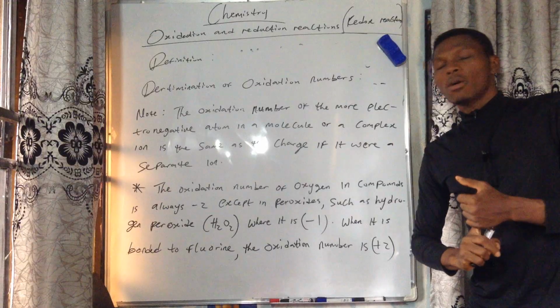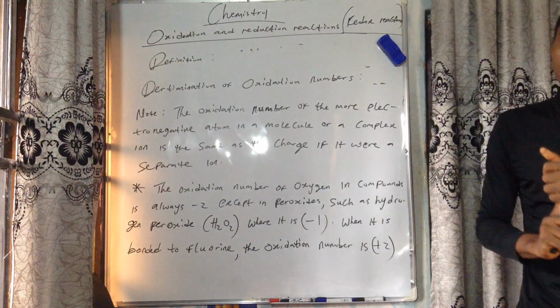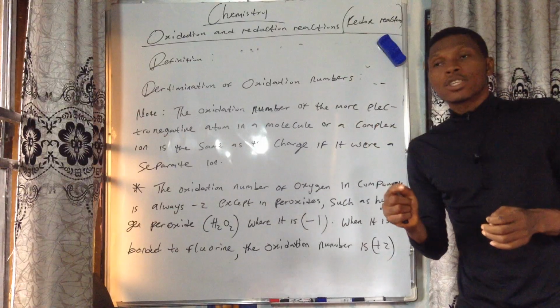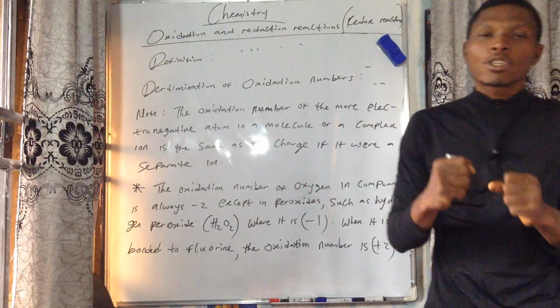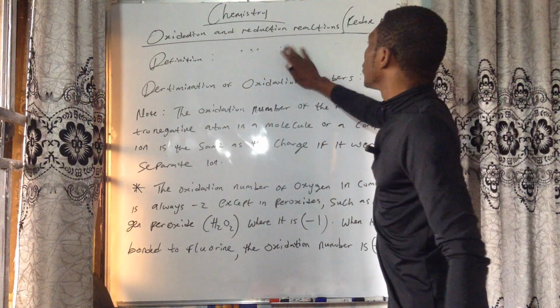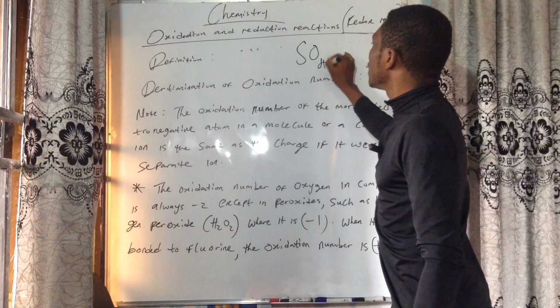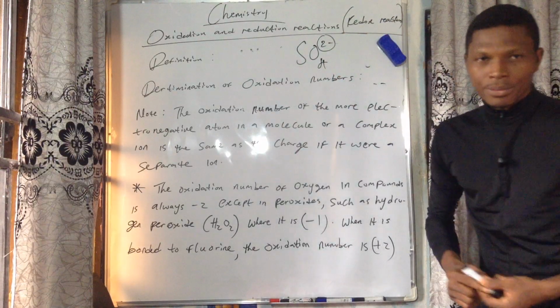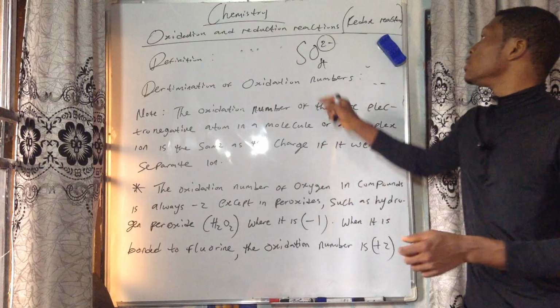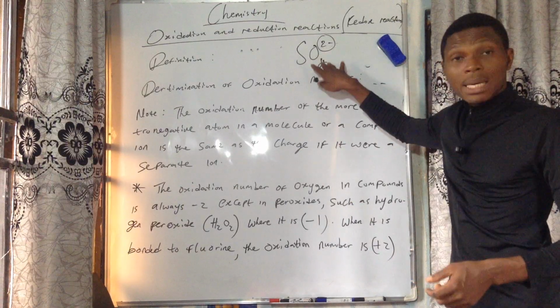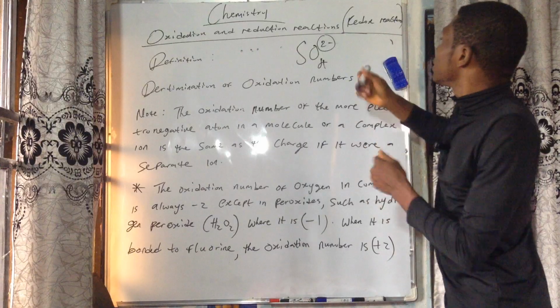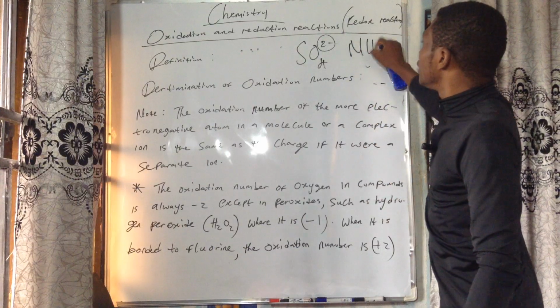The total oxidation number of a neutral compound is 0. The total oxidation number of a charged compound, all these polyatomic ions, is equal to the charge on the ion. If you are trying to find the total oxidation number of this substance, it is equal to the charge on this ion. The same thing applies to this one, NH4+.